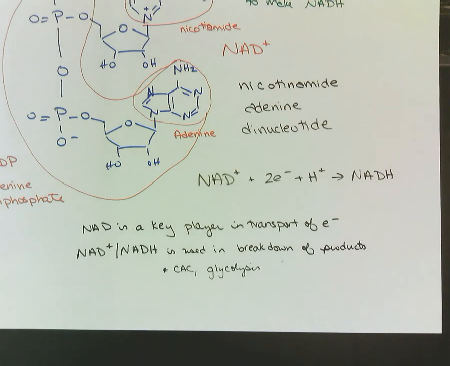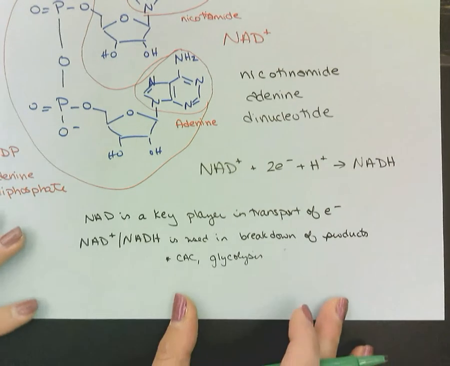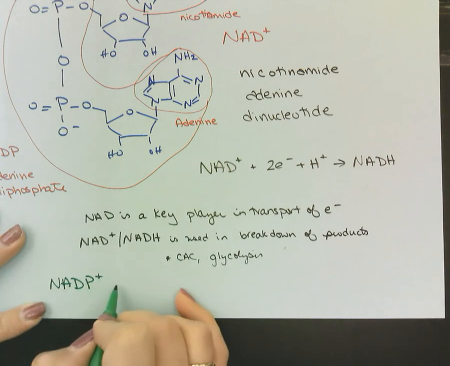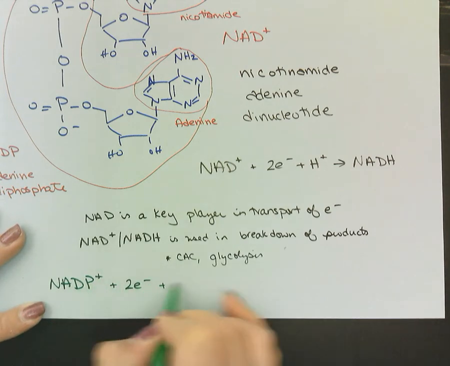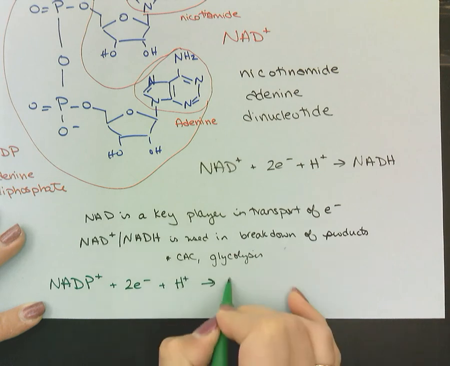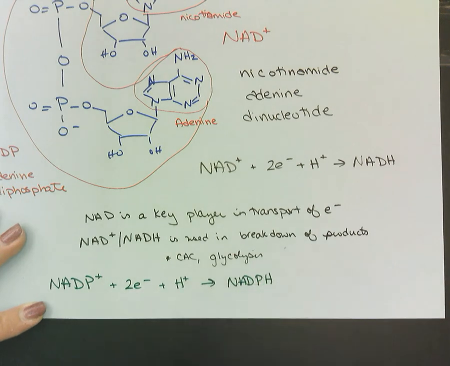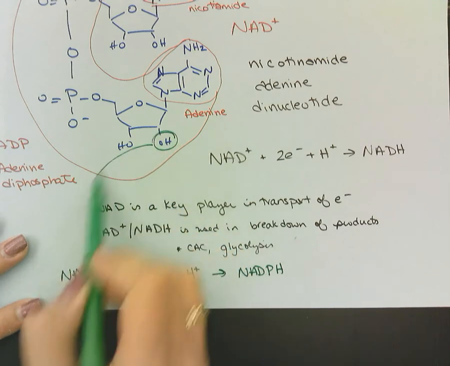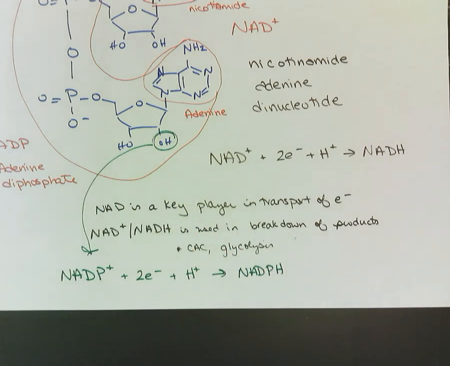Its cousin is NADPH, which is a phosphorylated NAD plus, so now it's NADP plus. And this phosphoryl group would be found here, so it would take off that alcohol and turn it to a PO3 functionality.